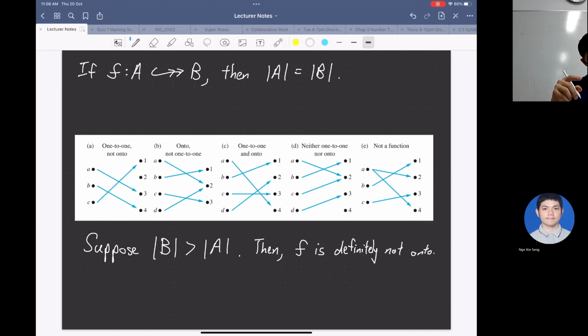Because you cannot reach all the B, because there are not enough elements to send to different B. Can you get what I say or not?